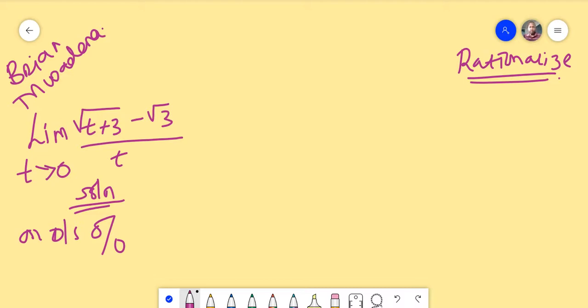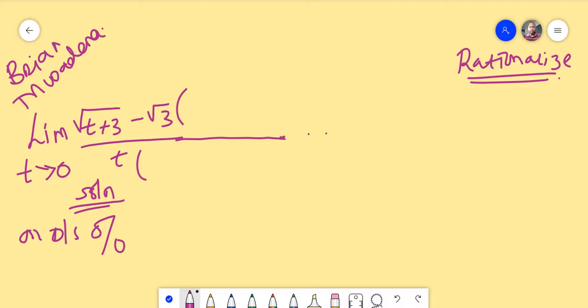Rationalization entails that we multiply the numerator and the denominator by the conjugate of the side that we want to rationalize. In this case, we are supposed to rationalize the numerator, because the roots are in the numerator.